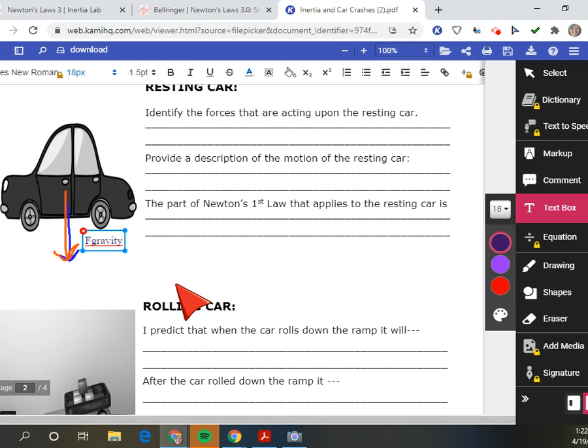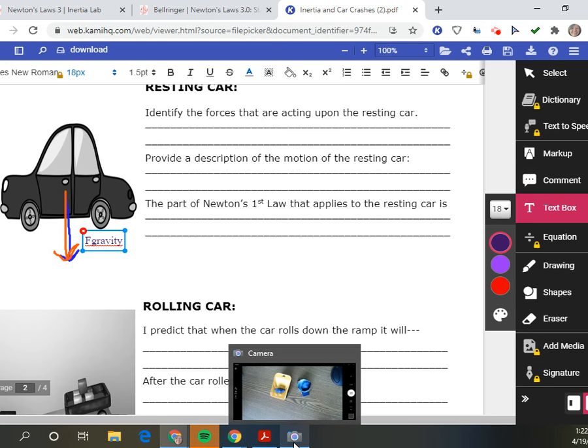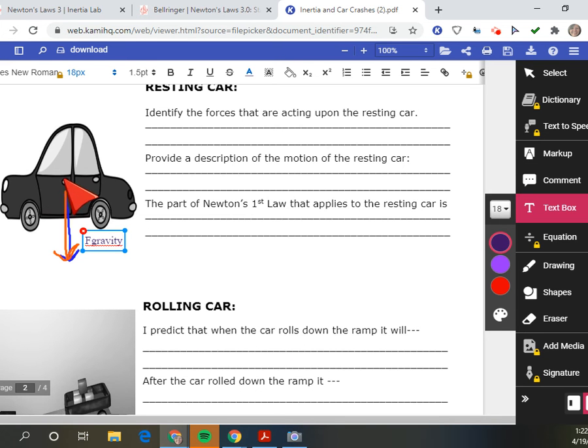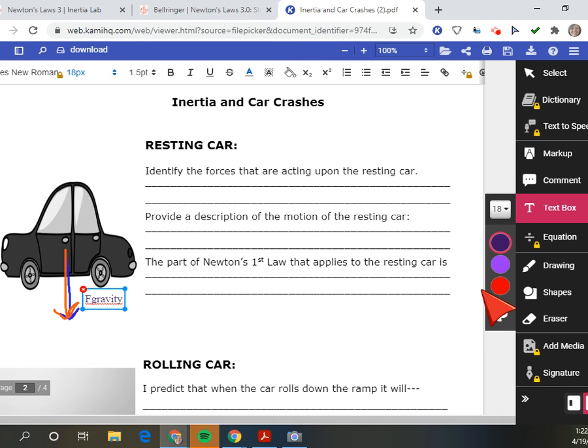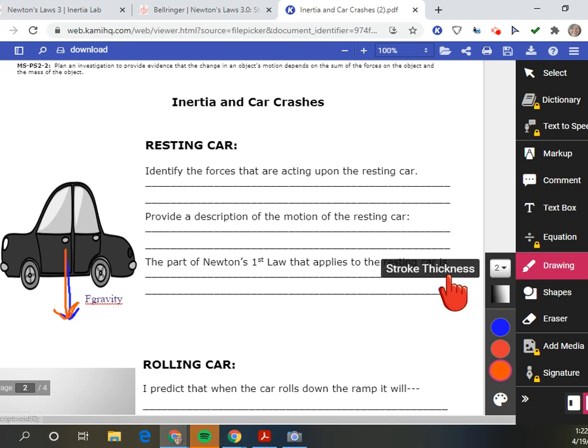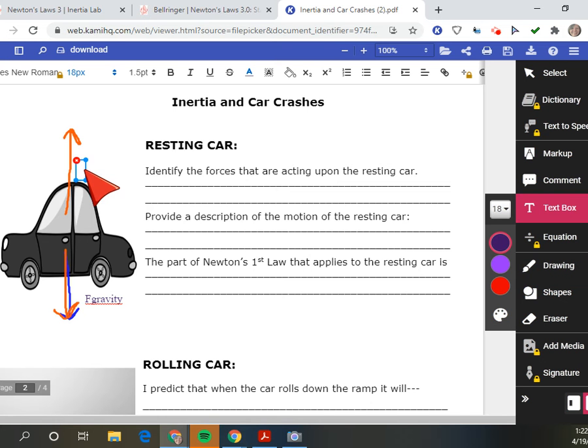Any other forces that are acting upon the car? In your bell ringer, we talked about a force that opposes gravity. So what force opposes gravity? The normal force. That's what we had from the bell ringer, right? So we don't want to forget that normal force. So the normal force. And then we're going to answer the questions for that part.